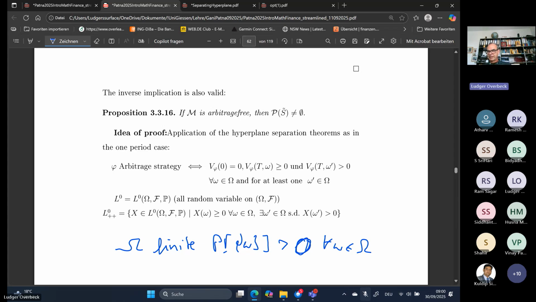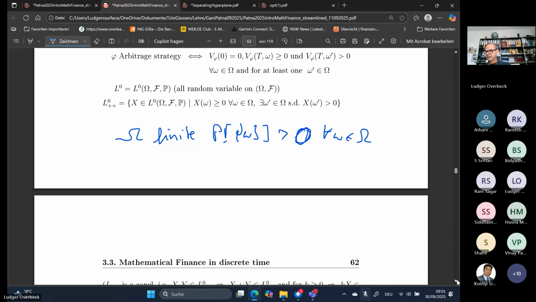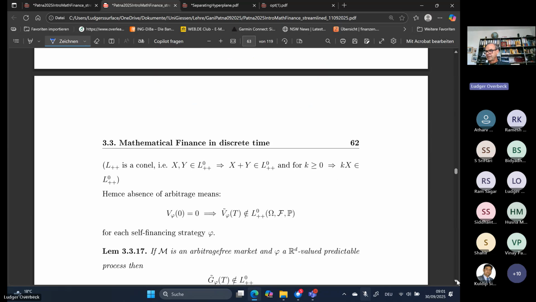Then it's just counting omegas, putting weights on omegas. Under these assumptions, you have L_{++} and the set of reachable portfolios, which we called gamma before in the picture, and this was called K, more or less.